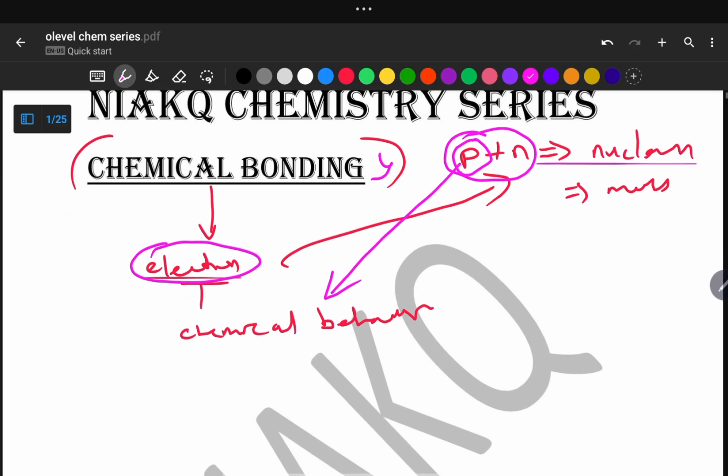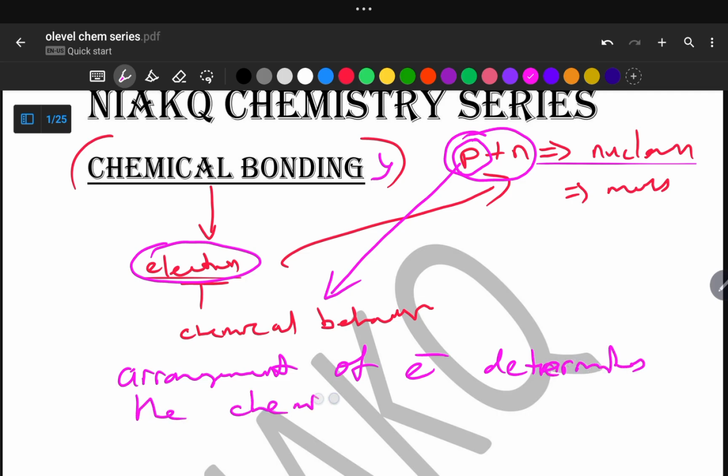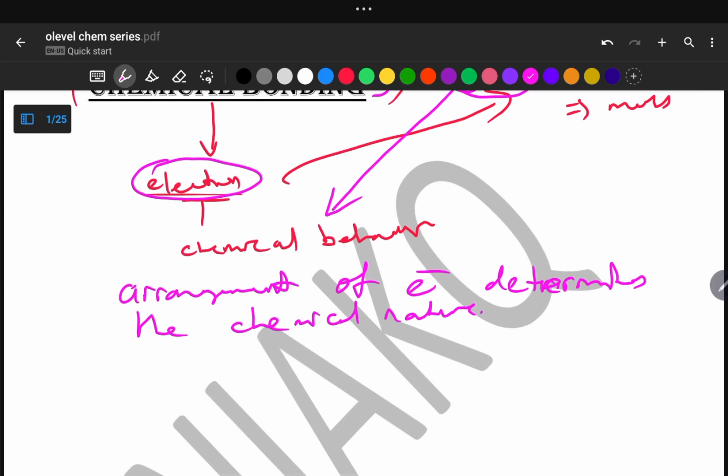The arrangement of electrons determines the chemical nature of an atom. So chemical reactions or chemical bonding is based on John Dalton's postulations, as I've alluded to before.